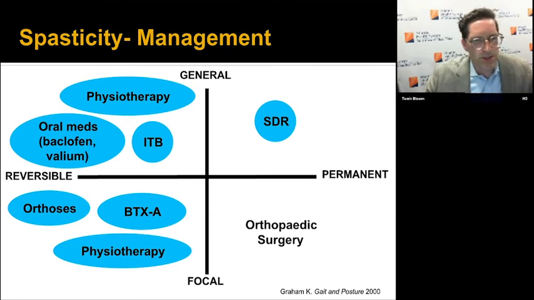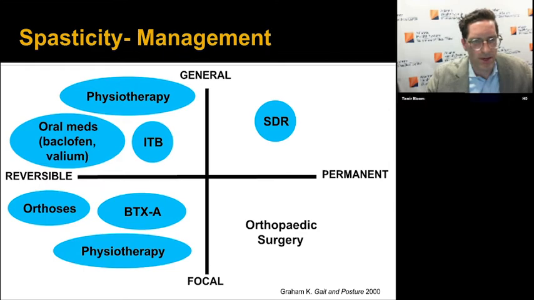So how about management? A great deal of the management of patients with CP revolves around managing their spasticity, as this is the most common motor disorder. There are many different modalities that we use that can either act generally or they can act focally.